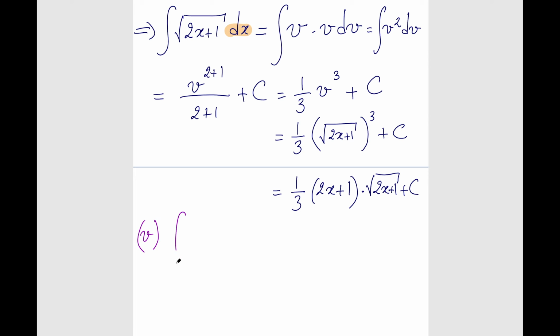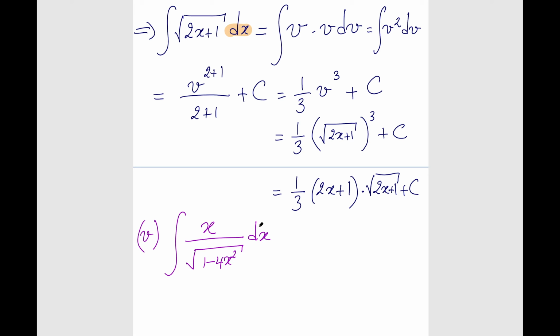Okay. So the integral of x over square root of 1 minus 4x squared dx. If we take 1 minus 4x squared as my u, the differential of u is going to be negative 4 times 2x dx, so negative 8x dx.